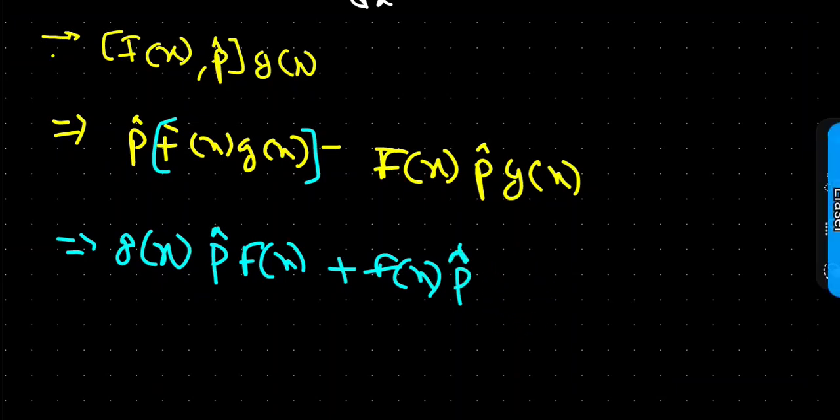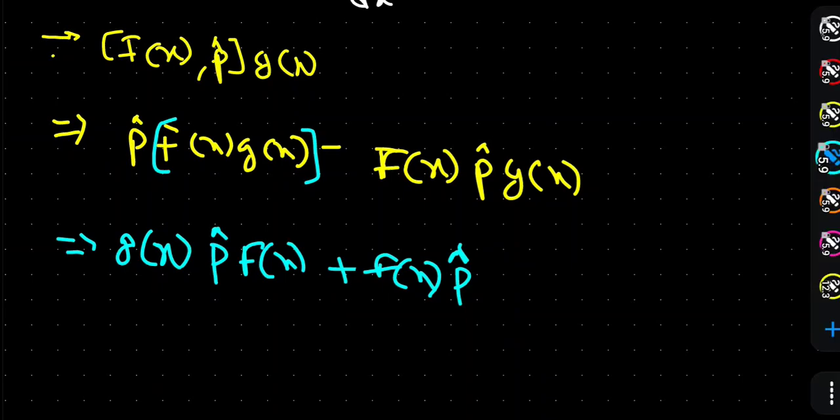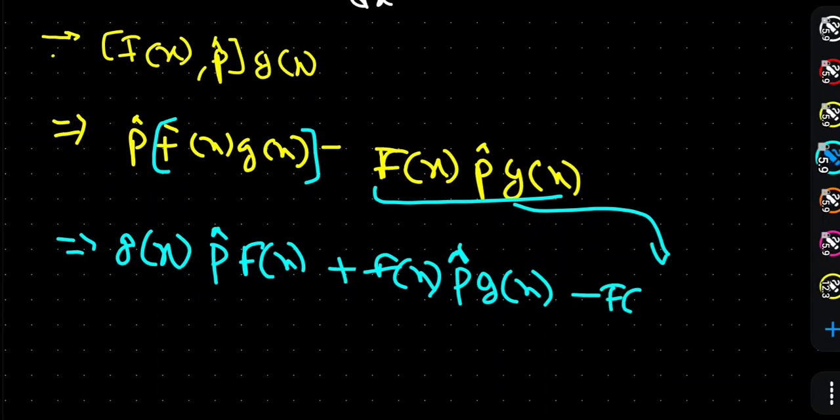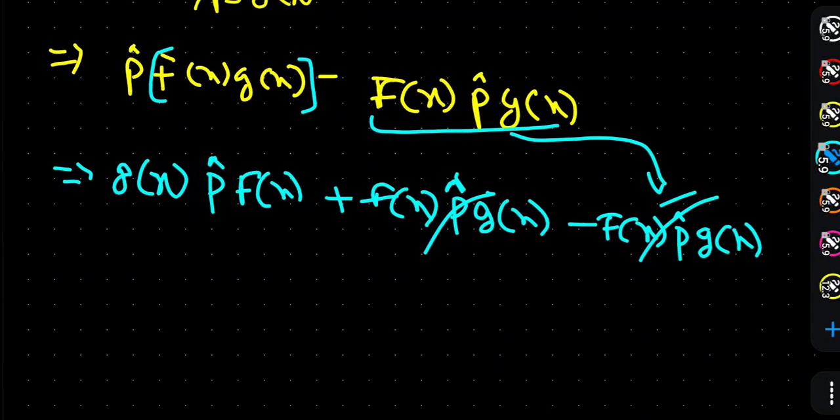Then minus f of x, momentum operator, and g of x. Essentially, if you see carefully, these two terms cancel out, and you are left with g of x and p acting on f of x.